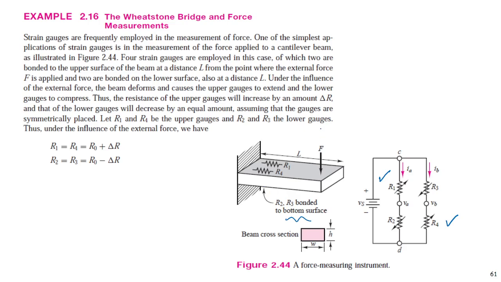What happens if we apply a force here? The body will bend, and the length increases at the upper surface and decreases at the lower surface, right? Then R1 will increase, R4 increases, R3 decreases, and R2 decreases.